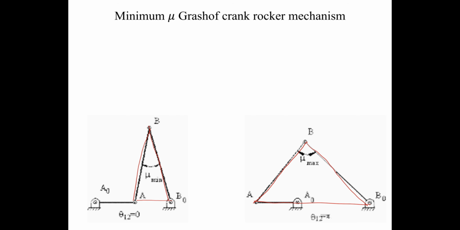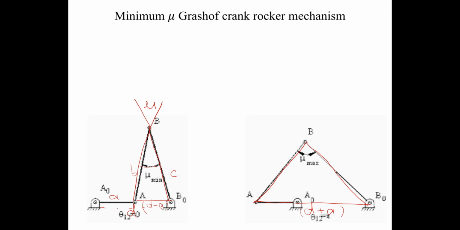In these two triangles, let us call this A, this B, this C, and this length number 4 D. So this length will be equal to D minus A, and in the extended way, this length will be equal to D plus A. Now in this triangle, we know all three side lengths, and also this extended angle is the mu, and this is the minimum value.